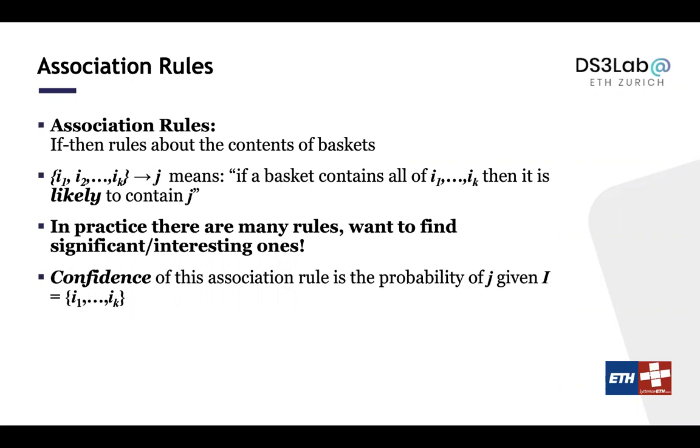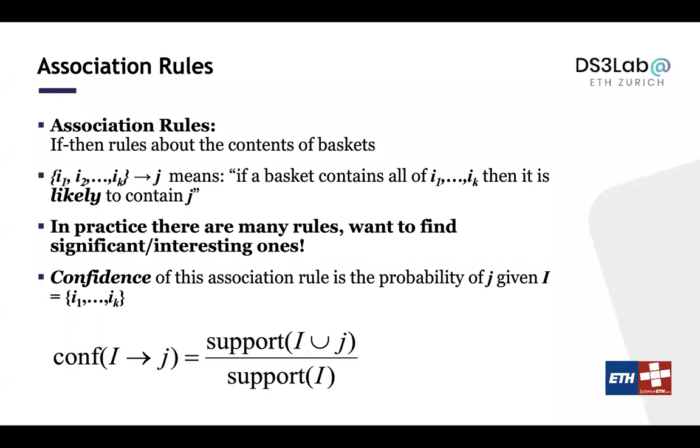One way to define it is through the confidence of an association rule, which is essentially the probability that a transaction contains the right-hand side given the left-hand side. You can do that precisely by using the notion of support. We define the confidence of the association rule from I to J as the fraction of 2 numbers.